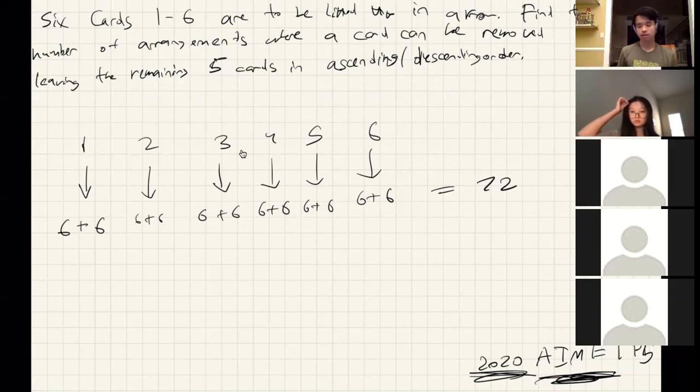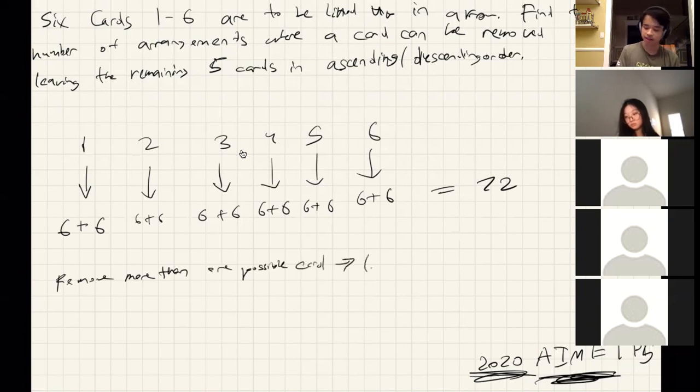But anyways, if you just put 72 here, you would be very wrong, because you're actually overcounting several cases here. The cases you're overcounting are those where more than one possible card can be removed, leaving the rest in ascending or descending order.